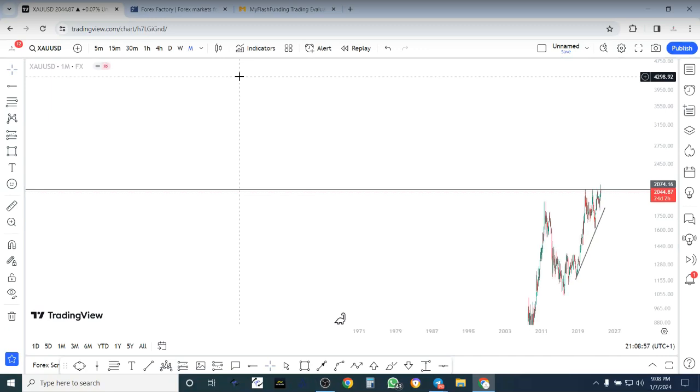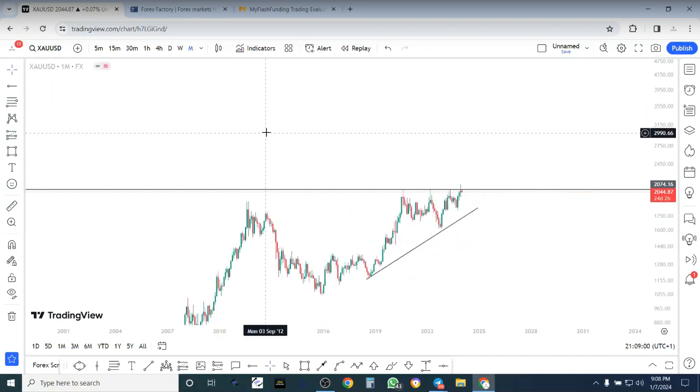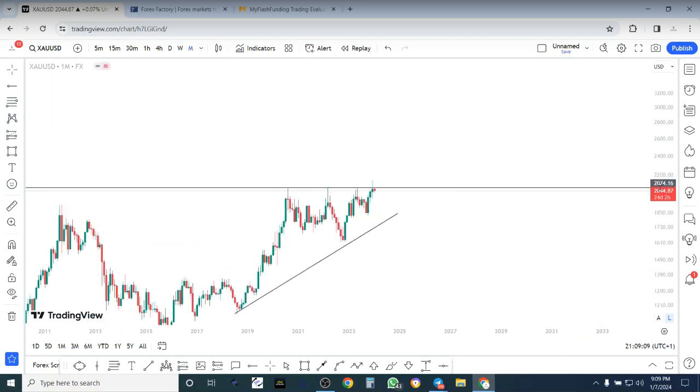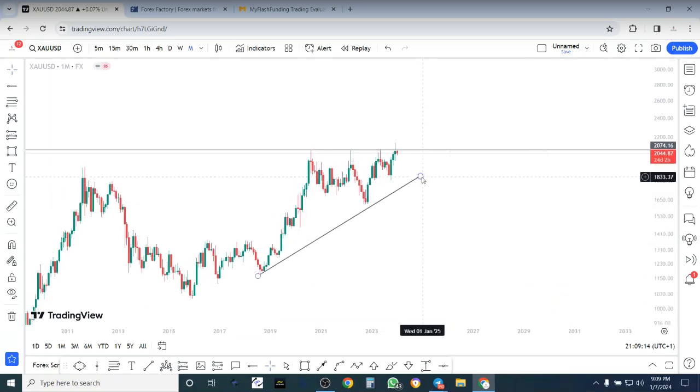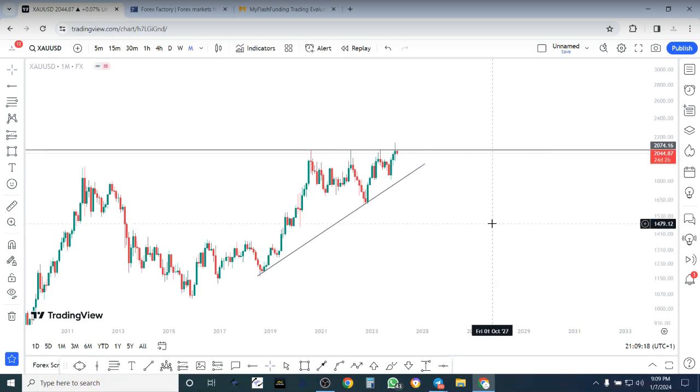But with the data I have, this is the all-time high on gold right now, and it's trading around 2074. That level is a strong resistance level, so it worries me a lot.